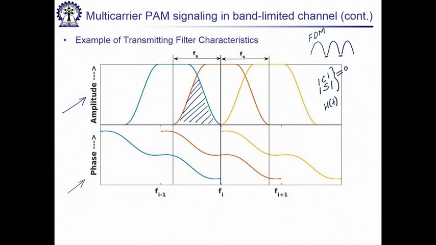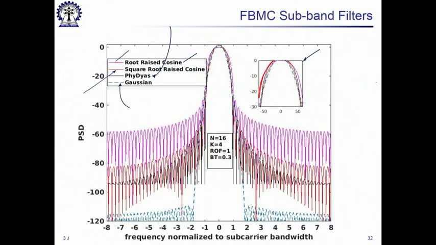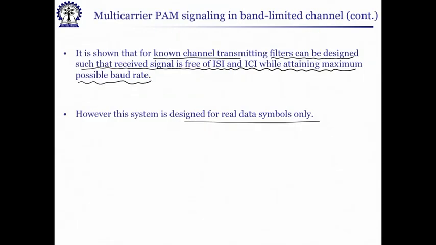Hence one can attain structures which look like this, so as to attain orthogonality even under transmission through a channel, provided the channel coefficients are known. One of the problems of this technique is that the receivers are pretty complex.